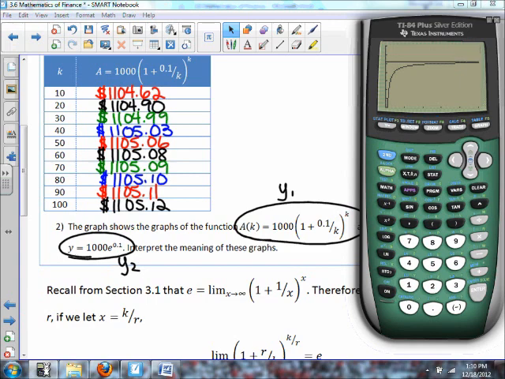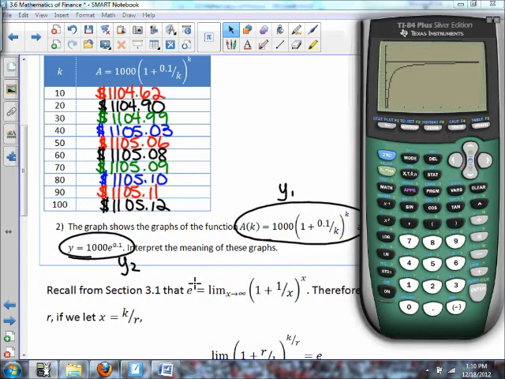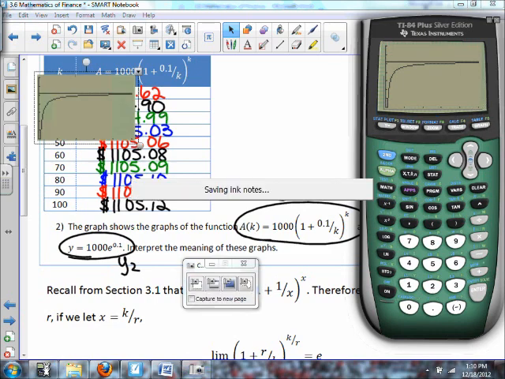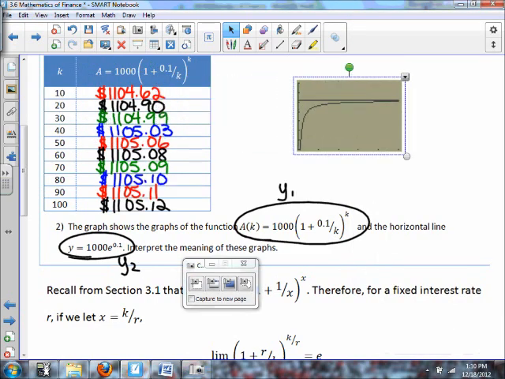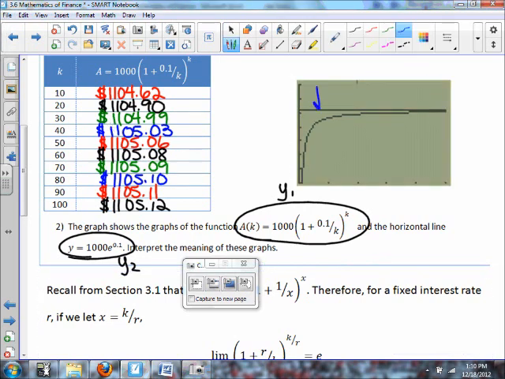Now, this top line here, I'll take a picture of it. Now, this is Y2. This one is Y1.